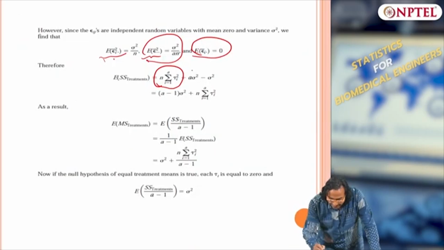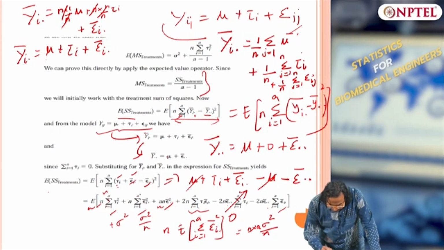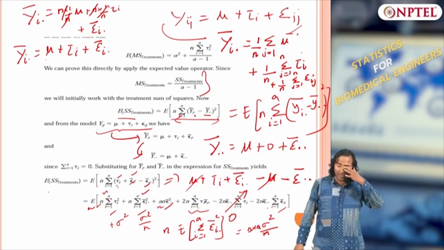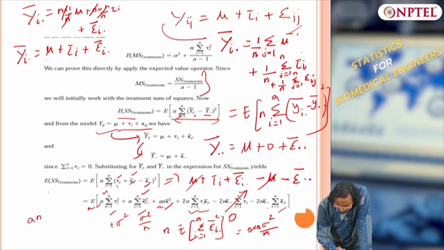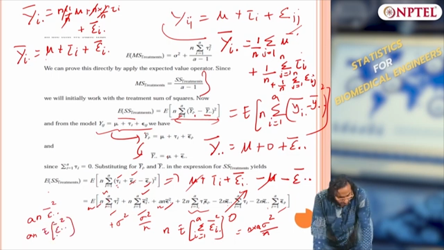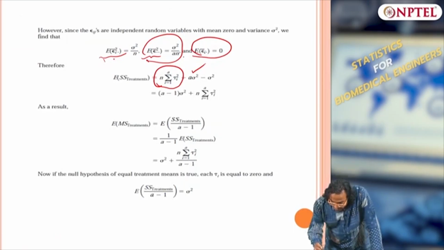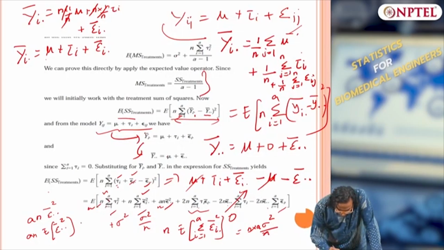So, the second term is a times sigma squared. Okay. What about the third term? An is kept outside, expectation of epsilon dot dot square, right. What is expectation of epsilon dot dot square? It is nothing but sigma squared by an, right. So, this is an into sigma squared by an, gets cancelled. So, the third term is sigma squared.